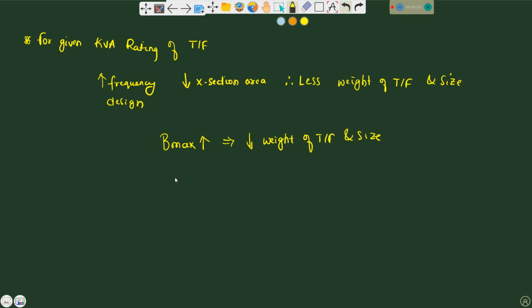The superior the magnetic material used for the transformer core, the lesser will be the specific weight of the transformer. So you should have good magnetic material used for the transformer core. These are some observations and important key points to remember while studying the transformer.